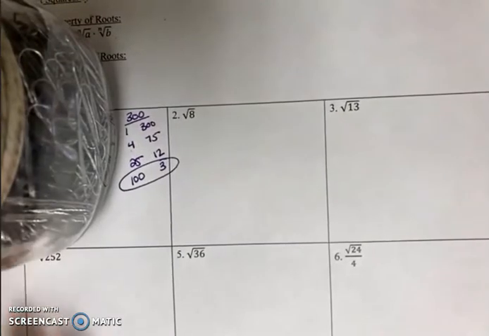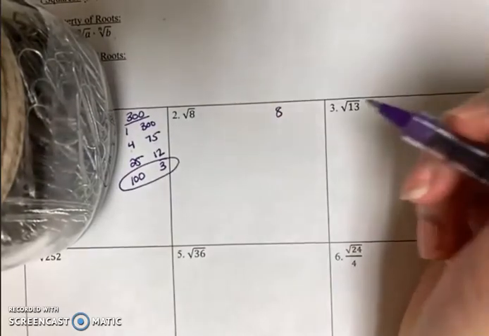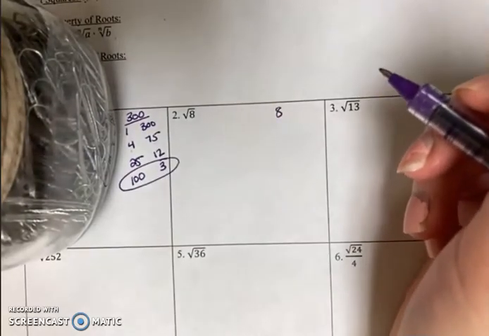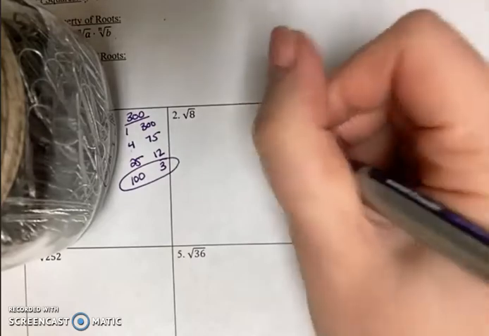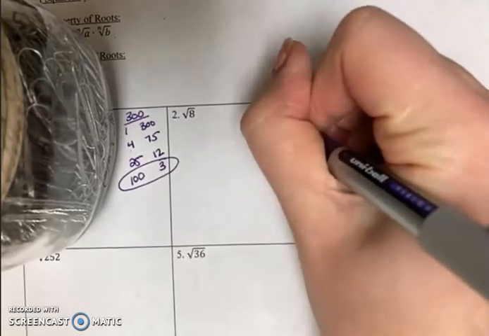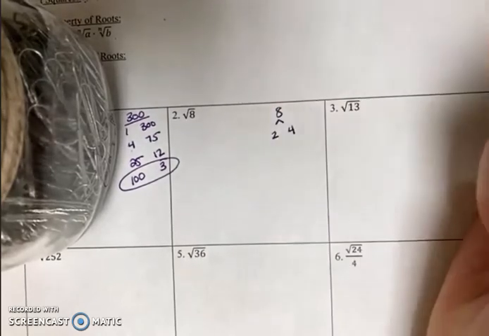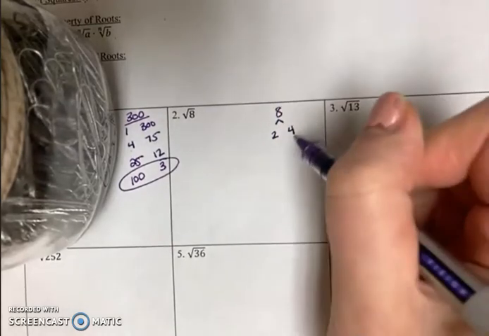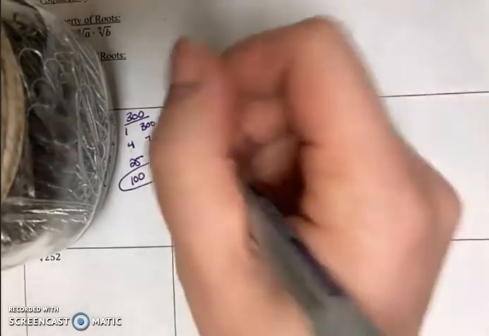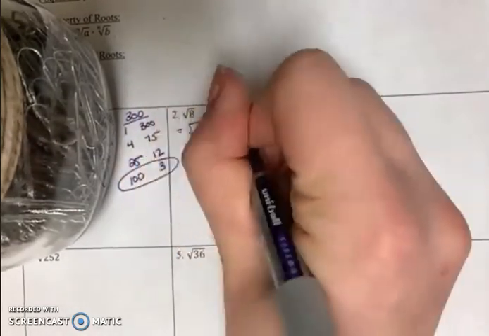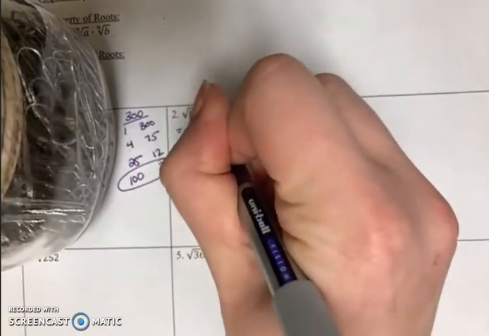Alright, let's try this again. Number 2, we have the square root of 8. 8 has the factors of 1 and 8, 2 and 4, but if I'm only thinking of perfect squares, I want to use the 2 and the 4, because 4 is a perfect square of 2. So I'm going to rewrite 8 as the square root of 4 times 2.